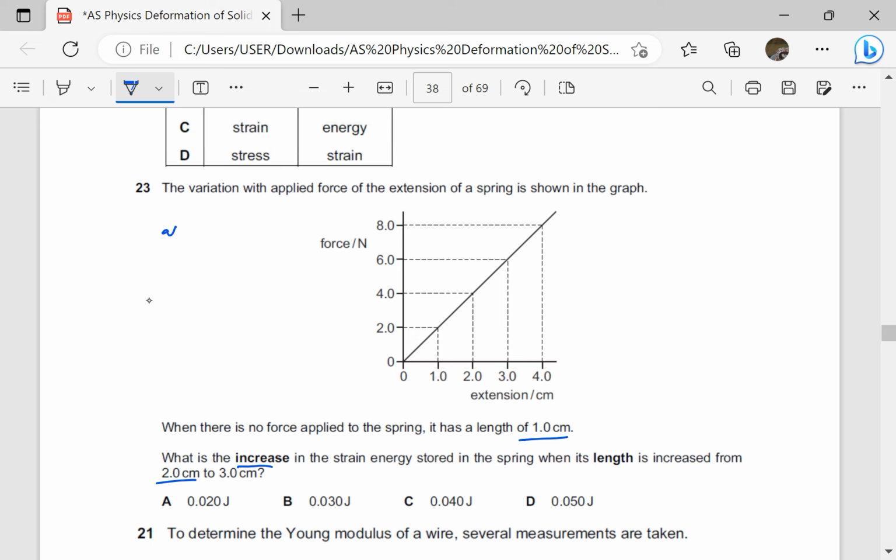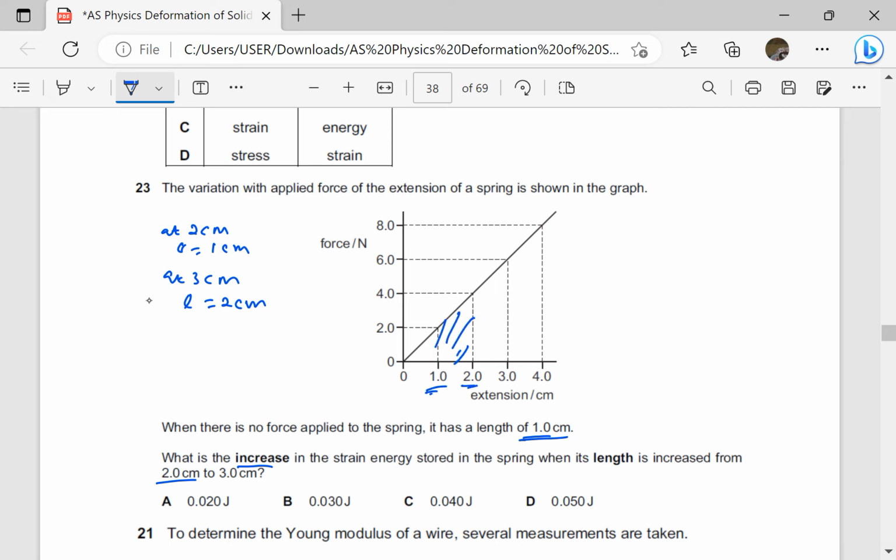At 2 centimeters, the extension is 2 minus original length, which is 1. The extension is 1 centimeter. Then at 3 centimeters, the extension will be 3 minus the original length, which is 2 centimeters. So the extension changes from 1 centimeter to 2 centimeters.